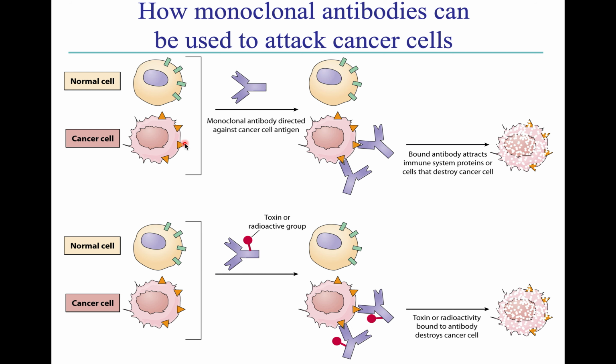Another variation on this theme would be to actually engineer the antibody so that it has some attached toxin or radioactive group, such that when it binds to the cancer cell, we don't even need the other immune cells to come in. The antibody itself, because of that toxin or radioactivity, is going to kill the cancer cell directly.